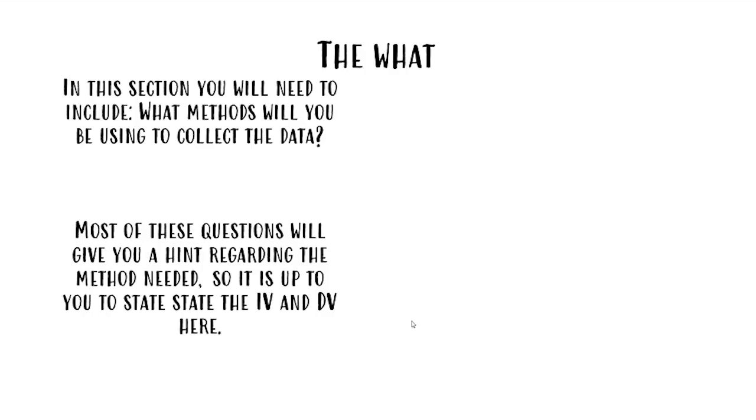You just have to flesh it out into your essay. So pay attention to the question. As a revision technique or exam technique, take a pen or a highlighter and go through the question. Take 30 seconds to go through the question properly in order to understand what they actually want from you. So you will have to state the independent variable and dependent variable in this section.